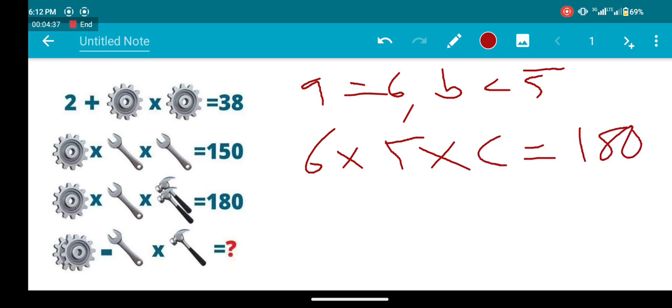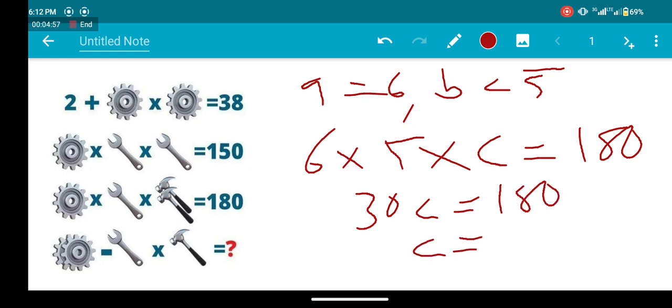It is equal to 180. To get the value of C, we'll multiply 6 times 5. 6 times 5 is 30, so 30C is equal to 180. So what is our C in this case? Our C is 180 divided by 30.